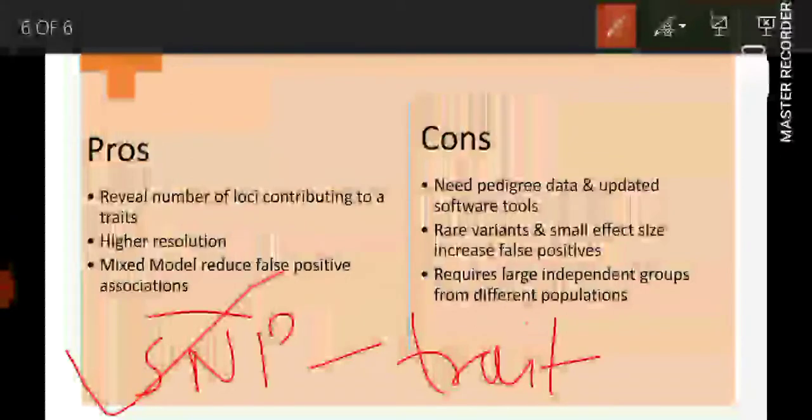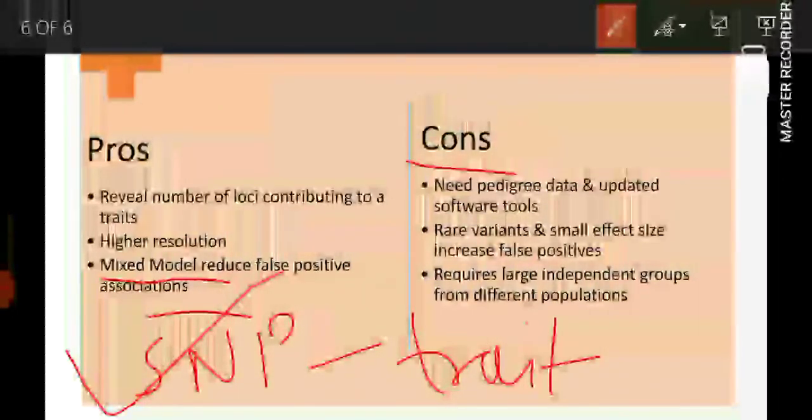You got the false result because of challenges such as population stratification, hidden ancestry, and many other reasons. In this way, you can use the mixed model to reduce false positive association. Maybe in the next slide, I will cover different kinds of models that are utilized in GWAS analysis.